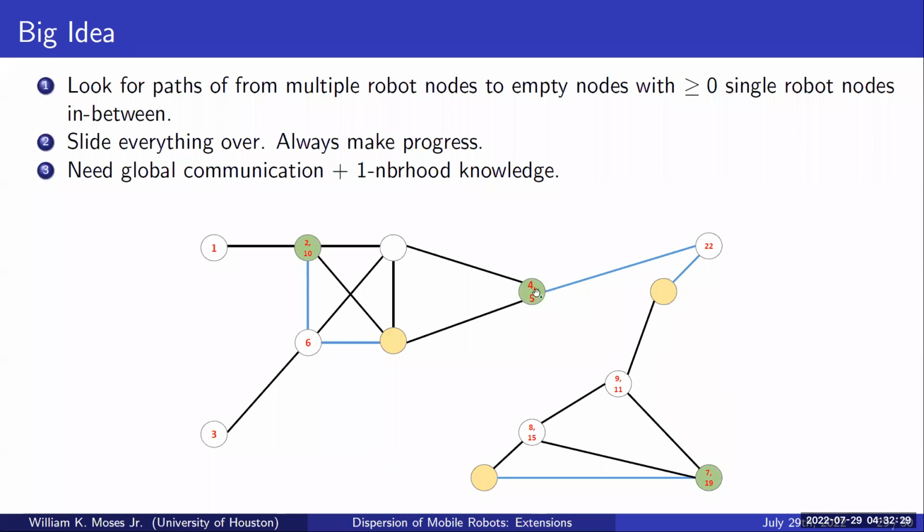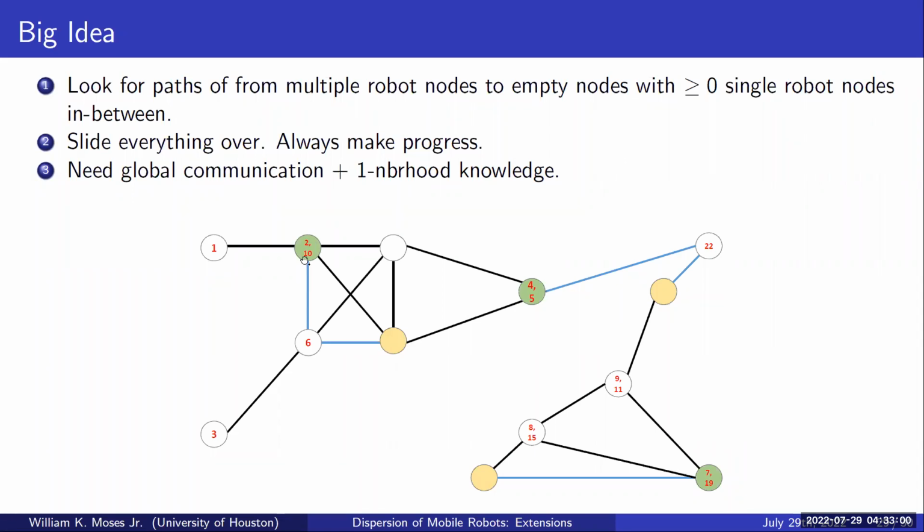From a node with multiple robots through nodes with only one robot, a path from a node with multiple robots to a node with no robots, such that the intermediary nodes all have at least one robot in them. Actually, exactly one. And the idea is you can figure out these unique paths because you have one-hop visibility and you have the power to communicate with robots anywhere in the graph.